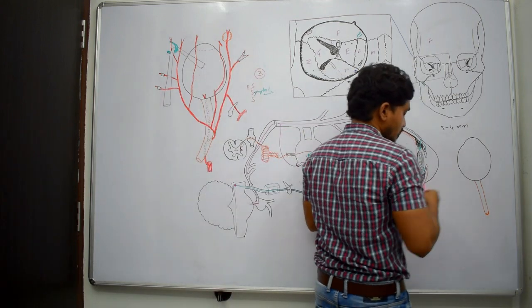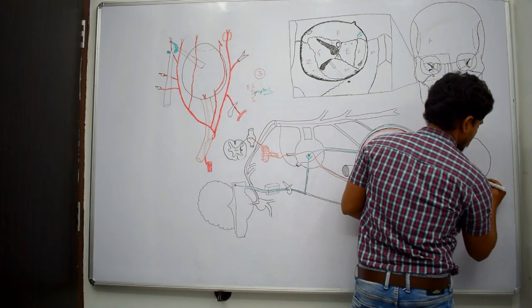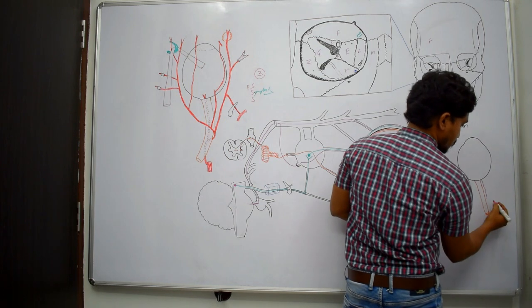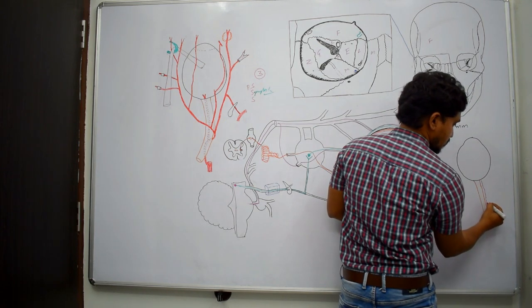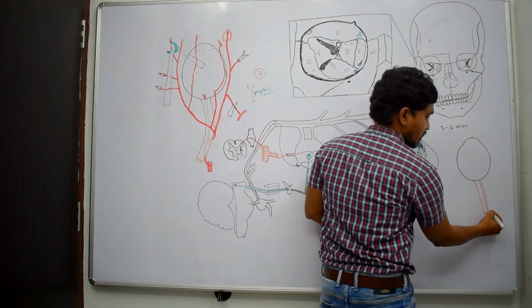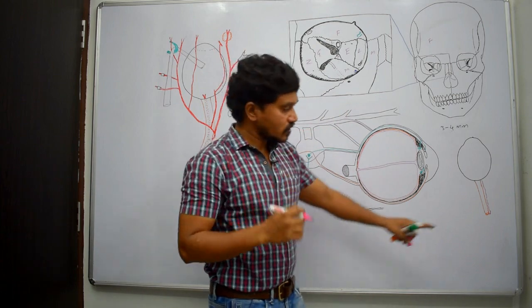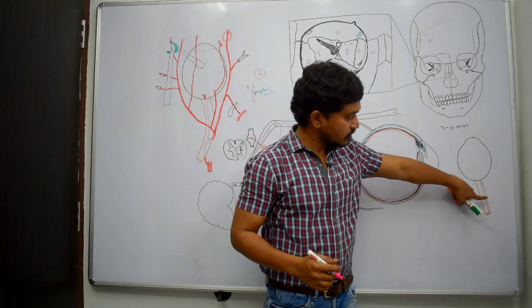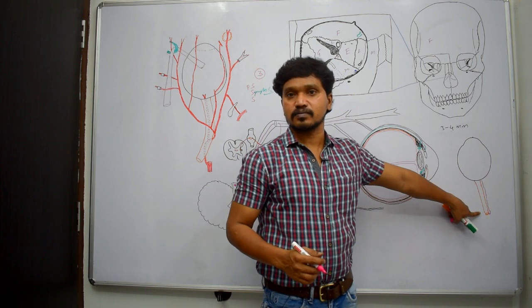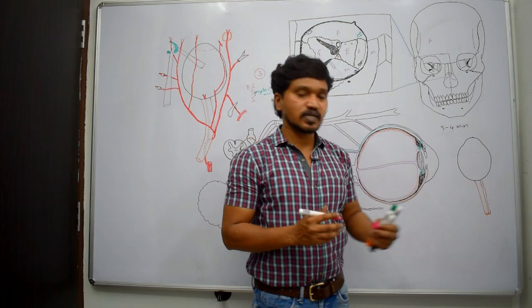We are dividing that 4 centimeters into 3 parts. So this part which is present in the orbit, this part which is present in the optic canal, and this part which is present in the cranium. So this is the orbital part, this is the canalicular part, and this is the intracranial part, right? So these are the 3 parts.